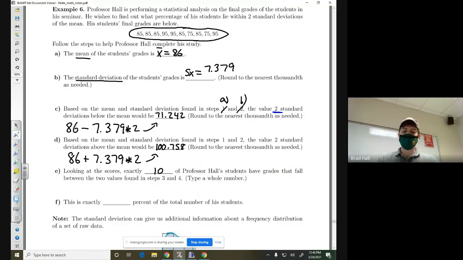And then part F just says this is exactly what percent of the total number. Well, it's just 100%. Here they're asking for the percent and not the proportion. So that's 100%. 10 out of 10 people scored within 2 standard deviations of the mean.